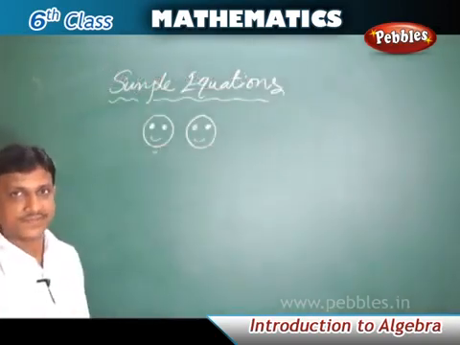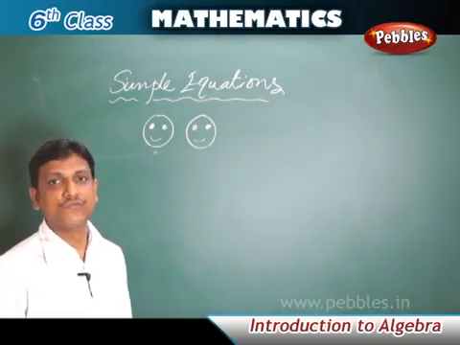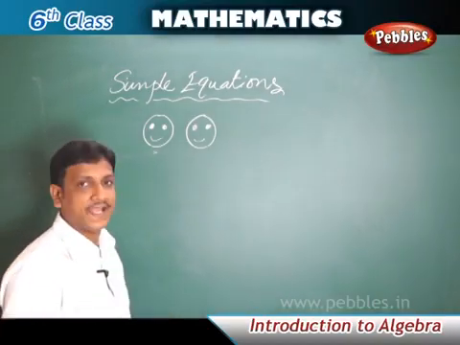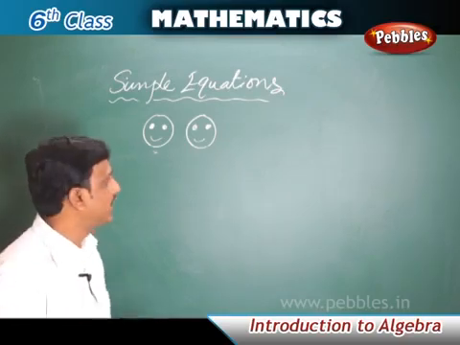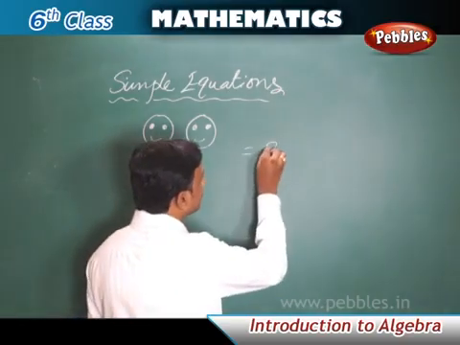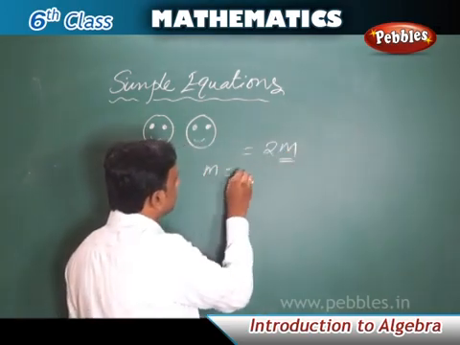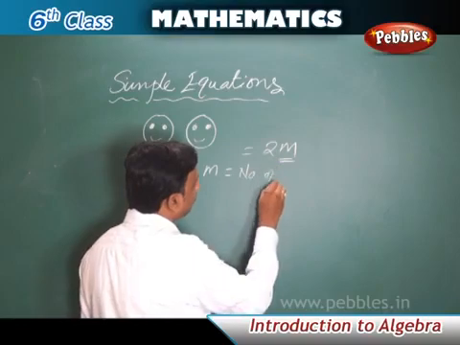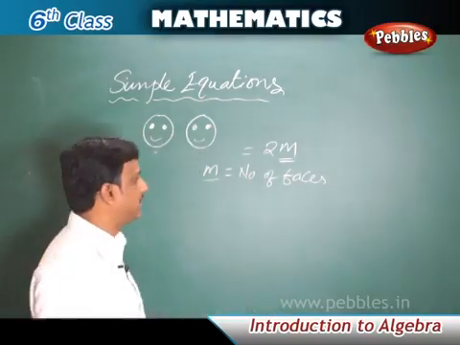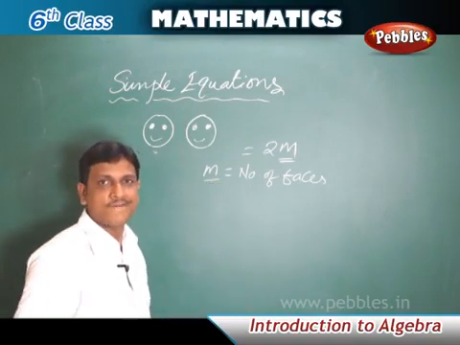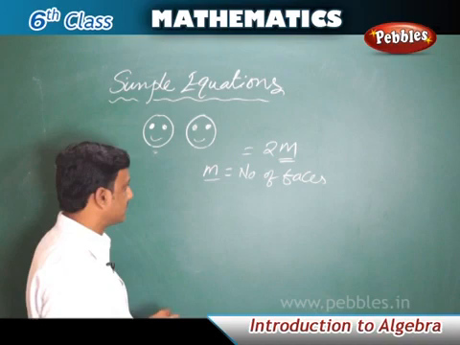Now simple equations. Just recall the faces example. There we found how to work out the number of stickers required for a certain number of faces. There we got a rule 2m, where m is the number of faces. By using this variable, we can find the number of stickers required for a required number of faces.